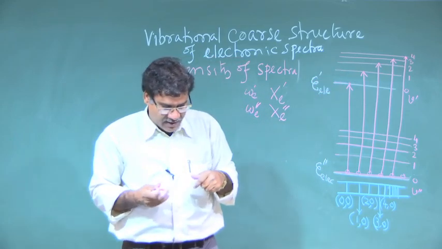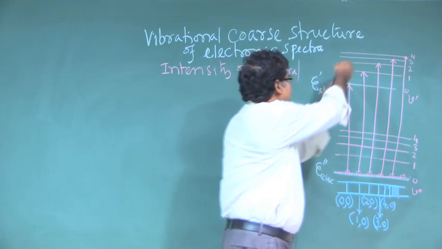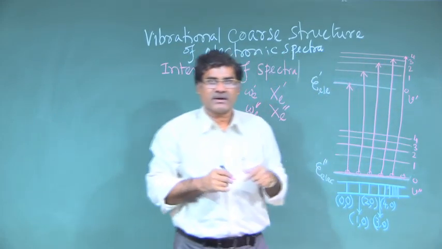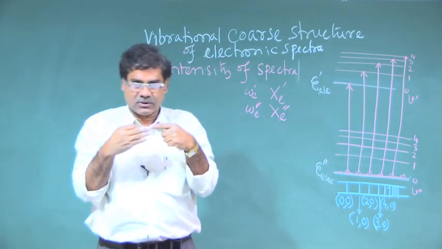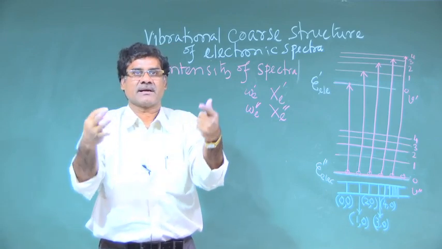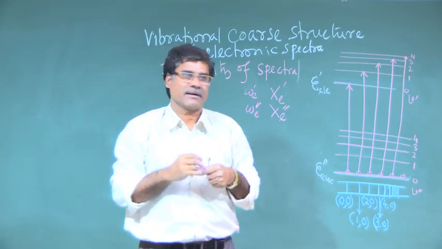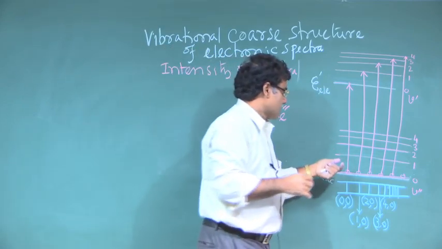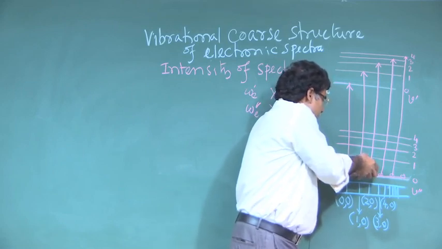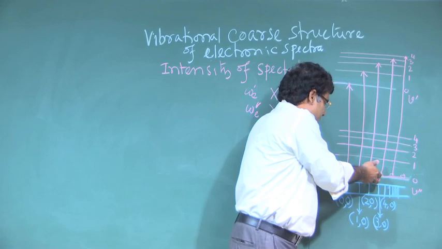So, that means its vibrational states will be affected. So, it will be different vibrational states, okay, sets of vibrational energy levels, okay. Now, from this electronic state, it is in a particular vibrational state.